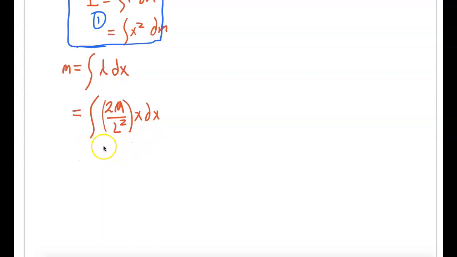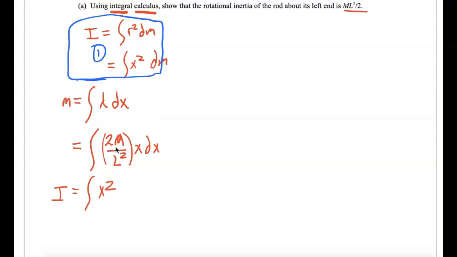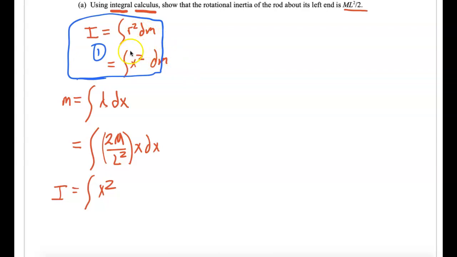So at this point, let's go ahead and put some more into this. So we know that I now is equal to, and at this point we need to put in our x squared. So we're back to the I equation.